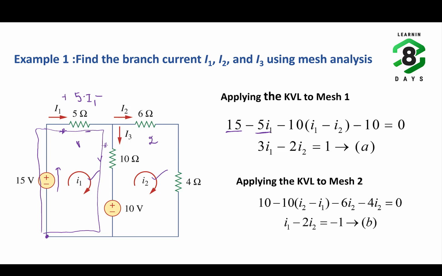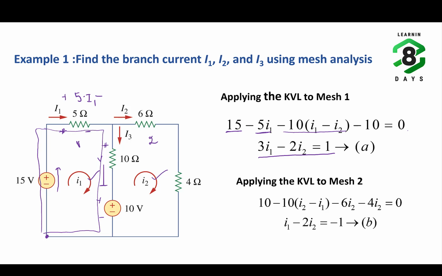Current entering terminal is positive, current leaving terminal is negative. So we are giving it as minus 10 into (I1 minus I2), and again through this 10 volt source we are traversing from positive to negative, so it is a potential drop. So in this way you will get the mesh equation. If you simplify that, you are going to get 3I1 minus 2I2 is equal to 1.